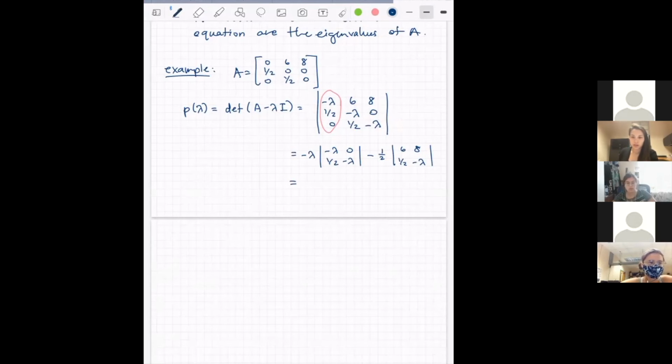Okay, so we get negative lambda times lambda squared minus 1/2, and this will be negative 6 lambda minus 4. Okay, so here we do get a degree 3 polynomial, right? So this is plus 3 lambda plus 2.